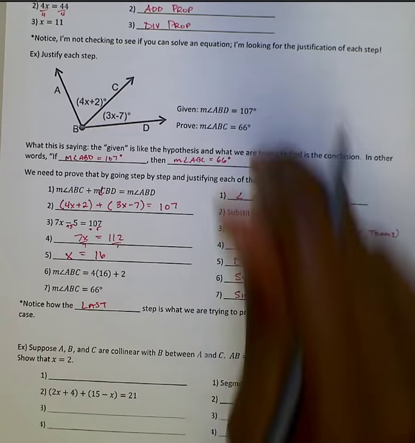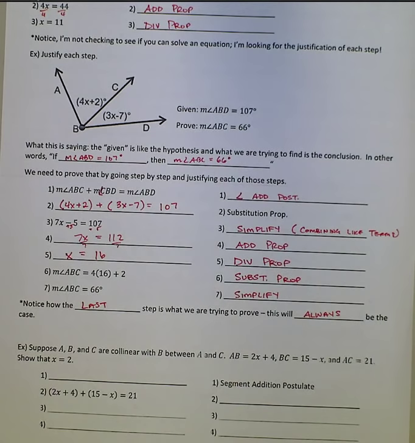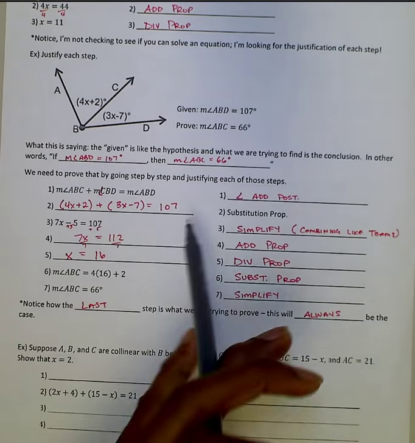Once we prove it, we're done. We're not just sitting around here talking extra stuff. We proved it, we're done. It's always the last step. But notice, and take into account, please, that this last step will never be prove. We'll never say prove as the last step. It's not a reason. We're not saying it because they told us that we had to say it. We're saying all the reasons why it has to be that way.